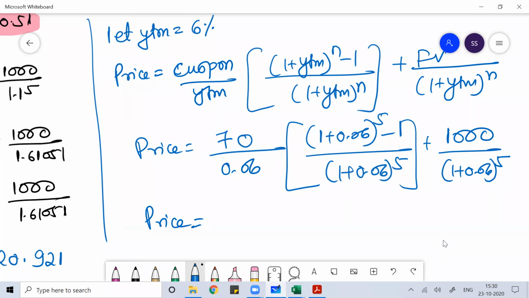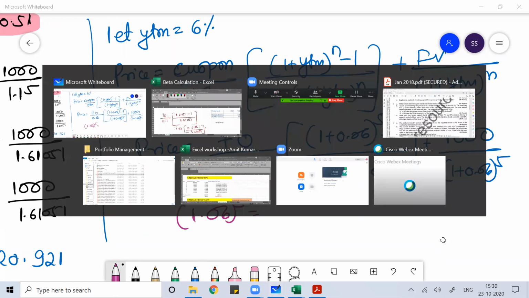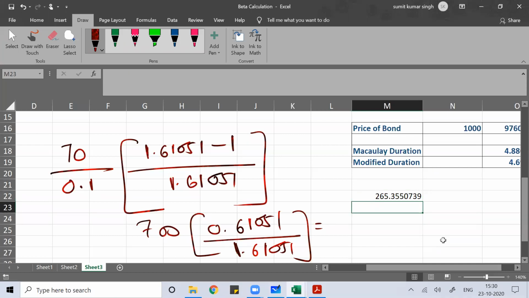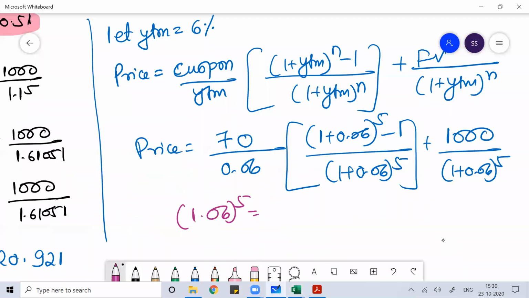Now find the value of 1.06 to the power 5. It is 1.33822.